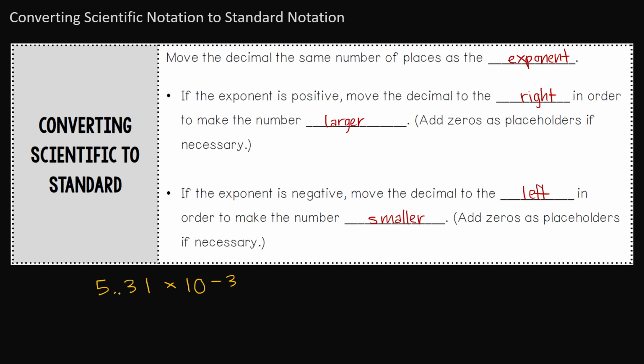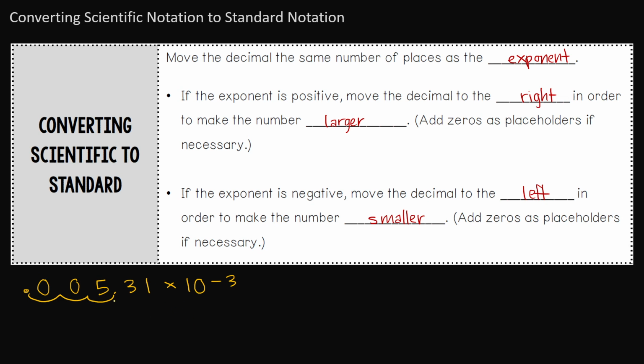So starting from where the decimal currently is in the number, I'm going to move 1, 2, 3 places. The decimal will end up over here. Now notice I have gaps. I create little divots when I count the places so that I know where to put zeros. I'm going to need to put a 0 in each divot that I make.